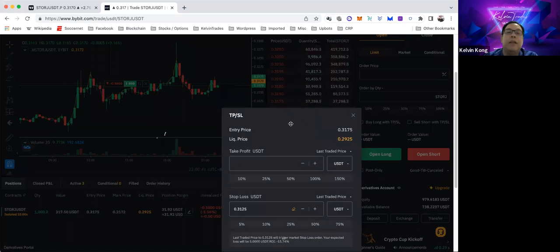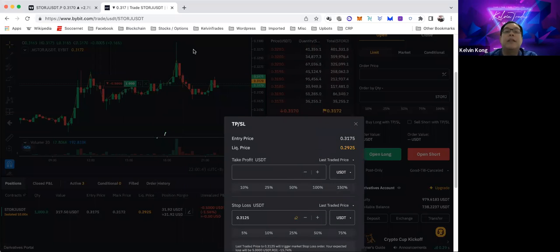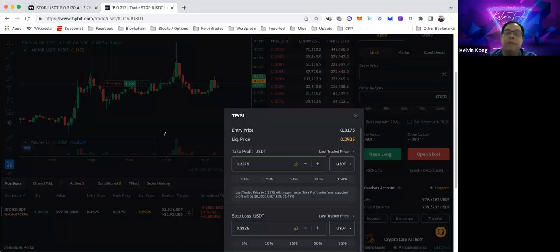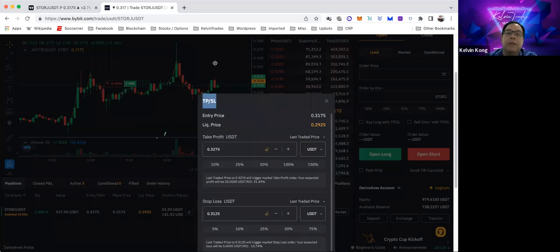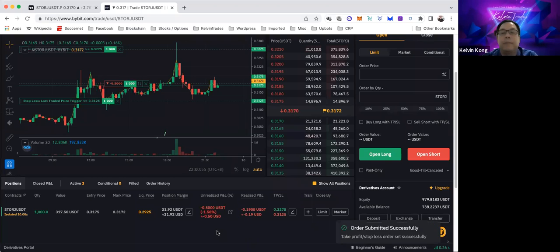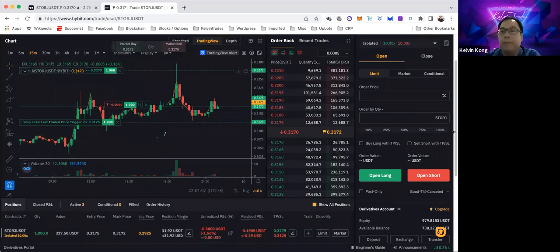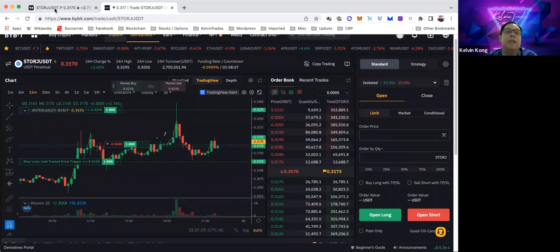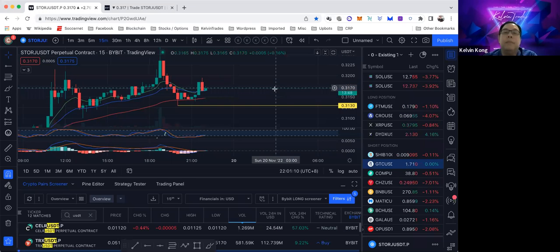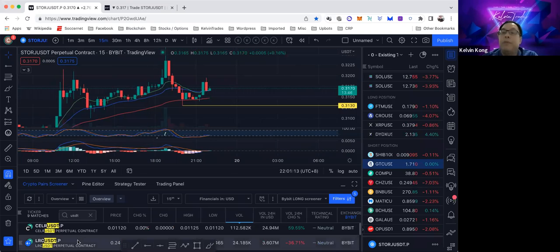Take profit, okay, I want maybe 0.3275. Okay, my stop loss, my take profit. So which means we have to choose another coin.